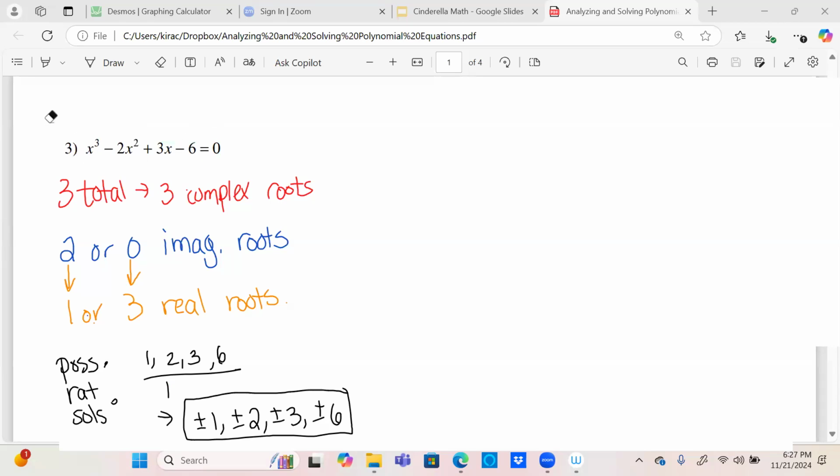And now let's look at our signs. Let's look at the signs of f of x. There's a positive 1, negative, positive, negative. 1, 2, 3. So we're going to have 3 or 1 positive real solutions, because again, you go down by an even number. And now let's look at the signs of f of negative x.